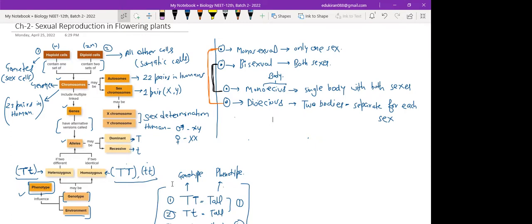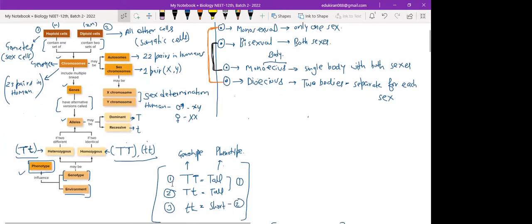Then we talked about genotype and phenotype. When we make a flow chart of tallness from two parents, we can take X and Y of a male parent and X and Y of a female parent.